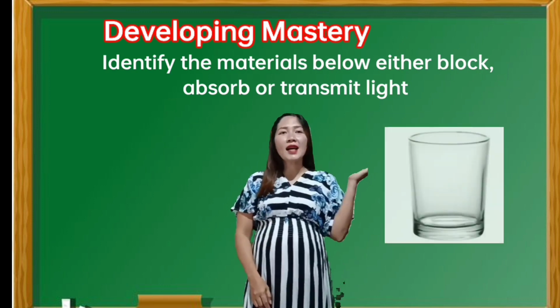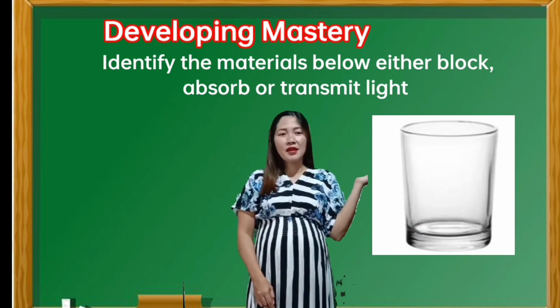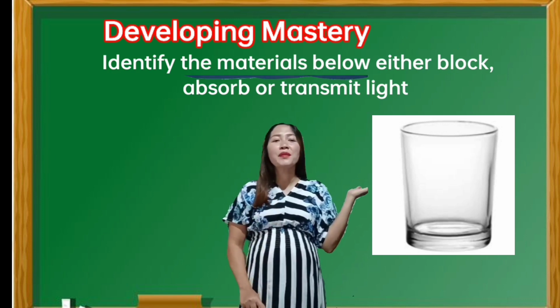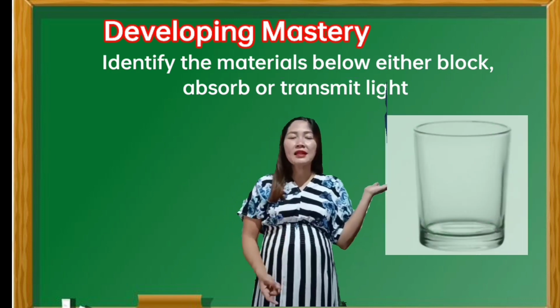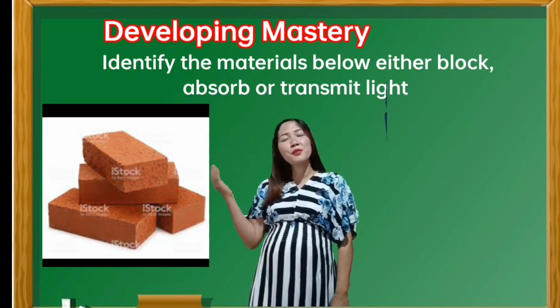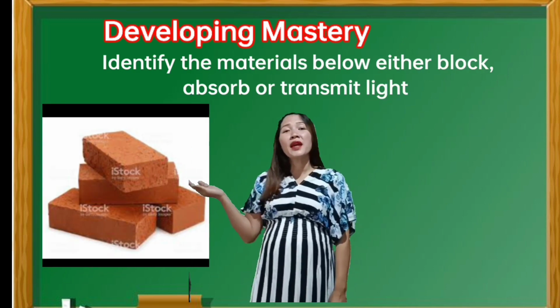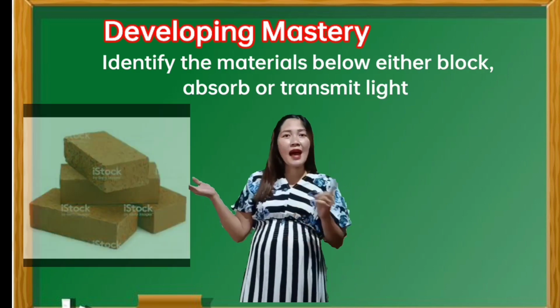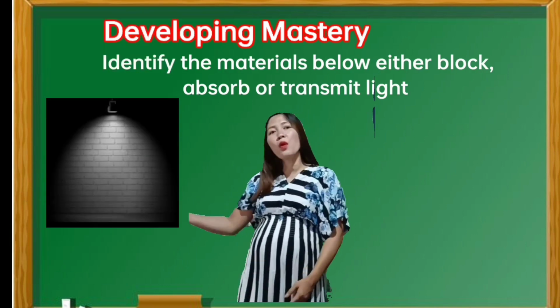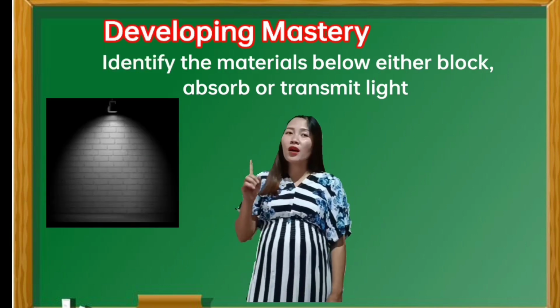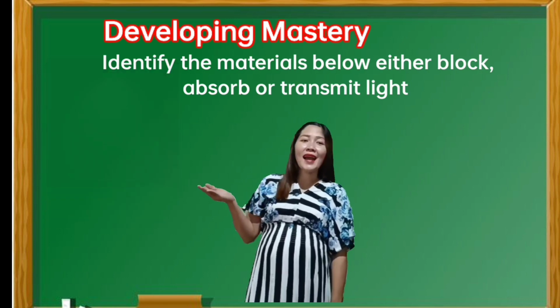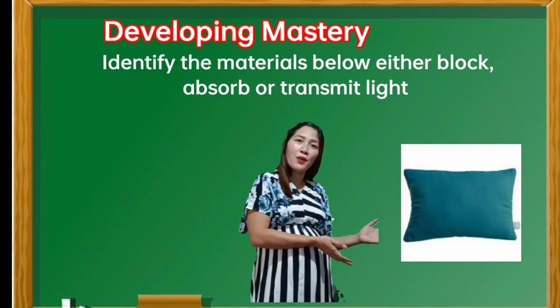How about the glass? Very good. The glass has the ability to transmit light. How about the bricks? The bricks have the ability to block the light. How about the wall? The wall has the ability to block the light. How about the pillow?